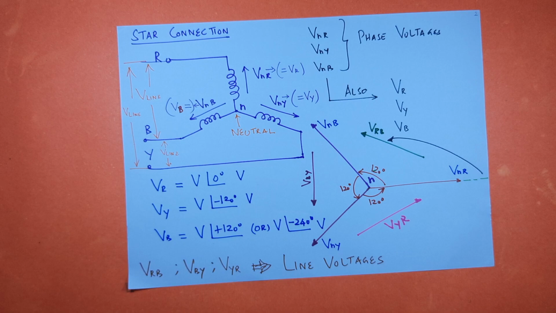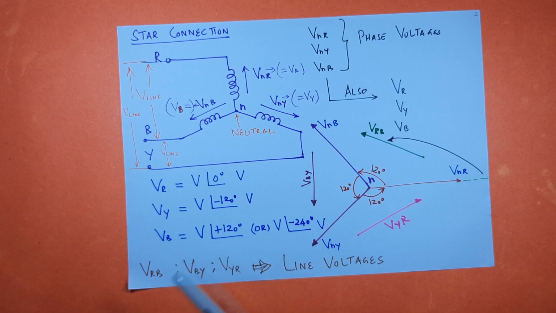Suppose your R phase is the reference, VR equals V angle 0 volt, VY equals V angle minus 120 degrees. That is, this Y phase lags R phase by 120 degrees. VB equals V angle plus 120 degrees.